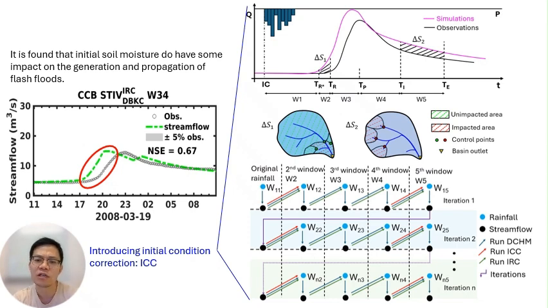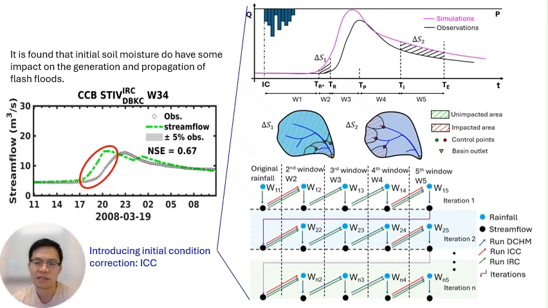Specifically, we use the initial condition correction, ICC, for two segments: the very early segment, delta S1, and the very late segment, delta S2. We're assuming that the initial soil moisture plays a major role at the beginning of the event, before the rising points of simulation and observations.